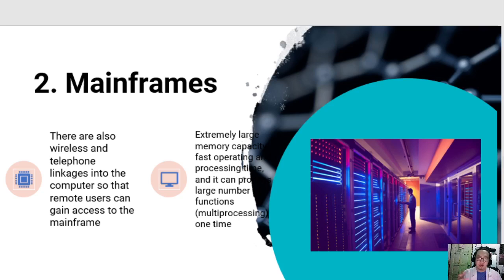According to our reference, in some settings, hundreds of workstations are wired directly to a mainframe for processing and communication purposes, and the speeds are faster than can be achieved by wireless communication.